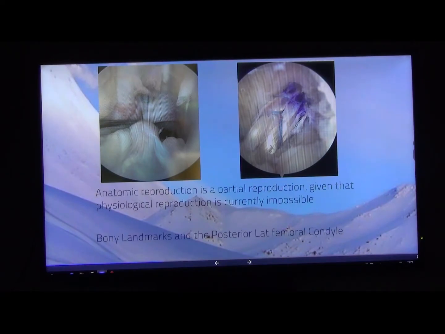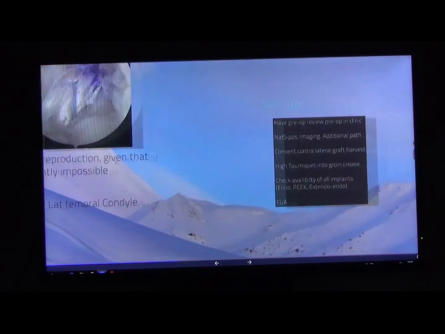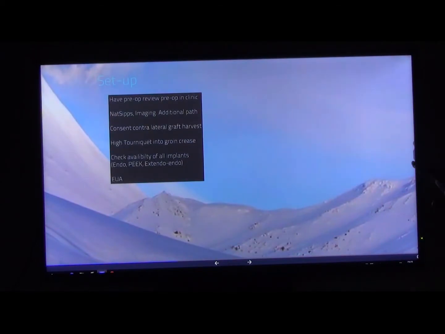Where we put the tunnels, though, will define to a degree the kinematics, and so bony landmarks and the posterior lateral femoral condyle are very helpful in order to determine exactly where that is. So before we go into that, just a normal kind of housekeeping setup. I think it is prudent to have seen the patient before in clinic. 50% of patients with an ACL injury have something else wrong in the knee.